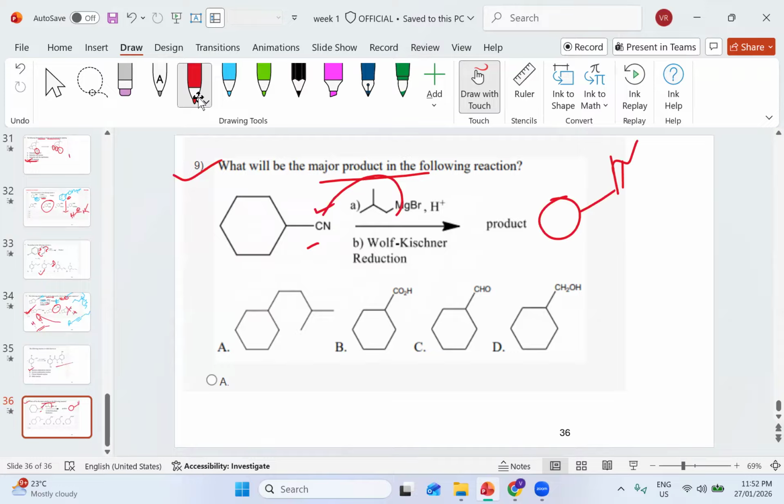This will be the N, and this will be the entire addition from the Grignard part. So I'll just draw here: one, two, three, and four. So this is the compound, right? This is the N, and upon workup, this N gets converted into the ketone.